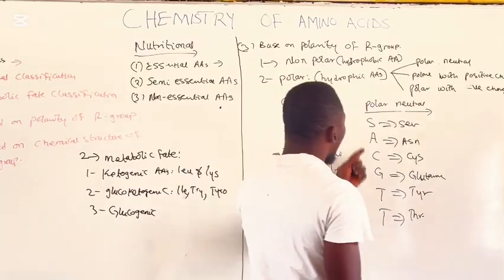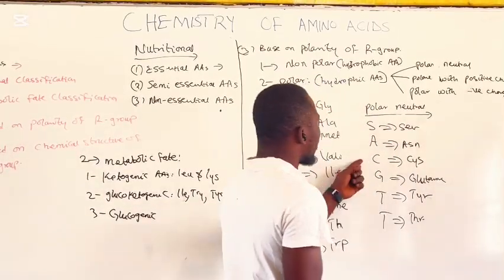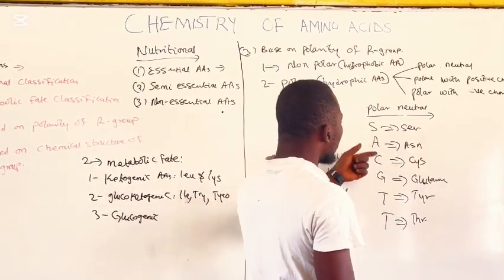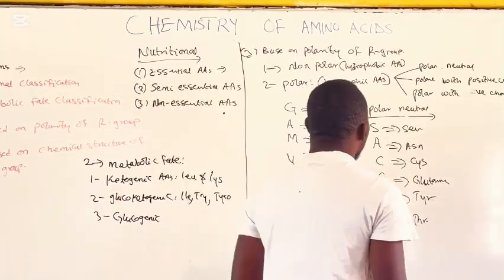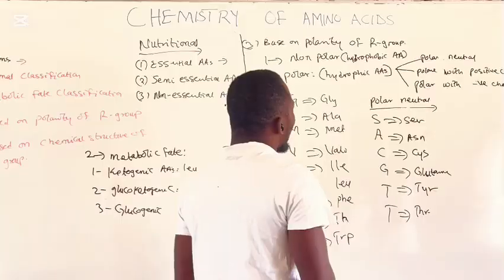So these are the polar neutral amino acids: serine, asparagine, cysteine, glutamine, tyrosine, and threonine.